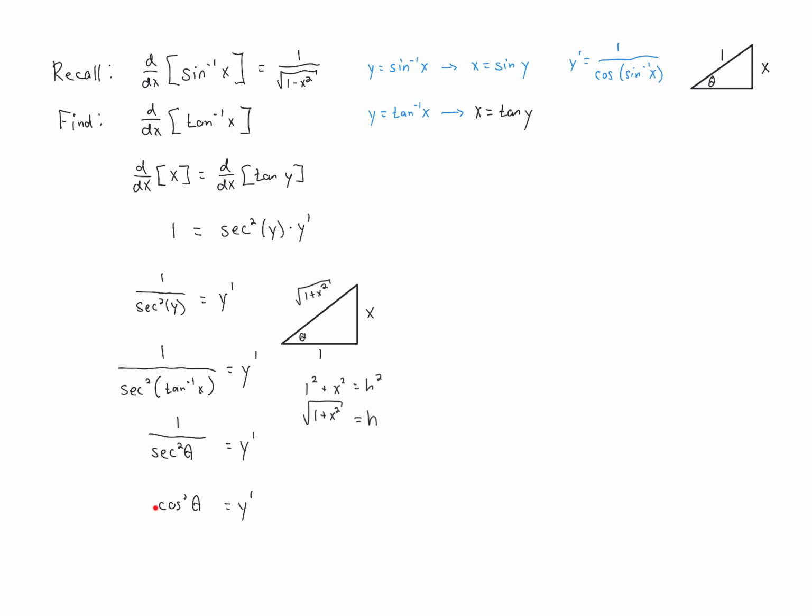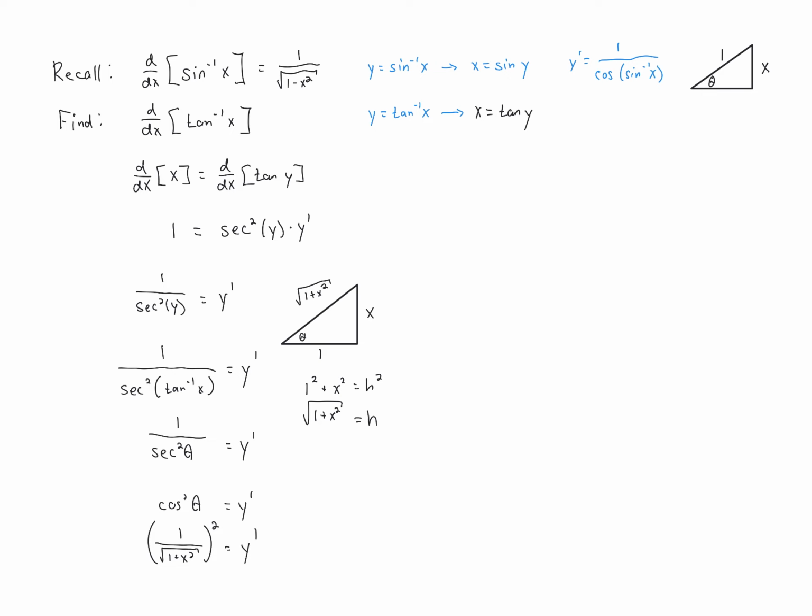And then cosine of theta is going to be adjacent over hypotenuse. So that's going to be 1 over the square root of 1 plus x squared, all squared because it's cosine squared.